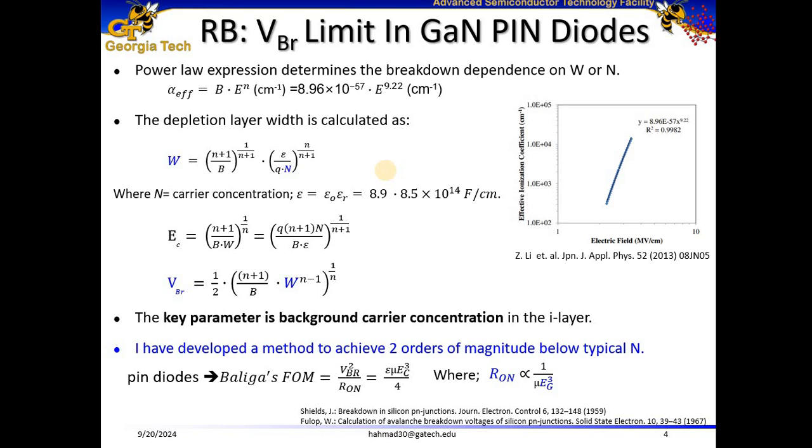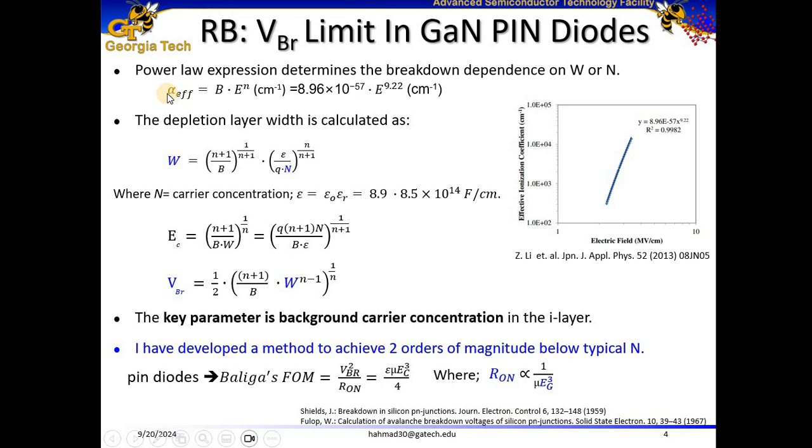A common method for estimating the breakdown voltage performance involves using a power law expression based on the material's critical electric field and doping concentrations. This power law expression basically determines the breakdown dependence of gallium nitride PIN diodes on the I layer thickness and on the doping concentration.